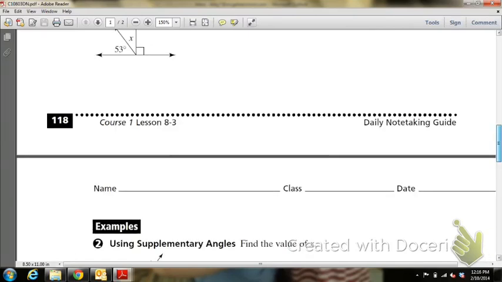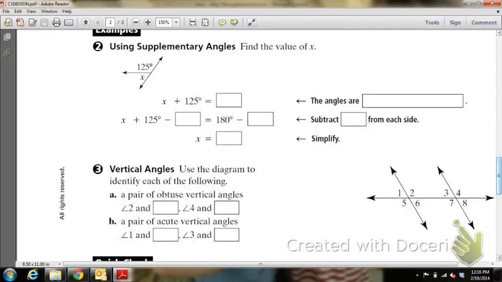Okay, so now, using supplementary angles, find the value of x. Well, I know that they're supplementary because these two angles make a straight line, and a straight line is 180 degrees. So I know that they add up to 180 because they're supplementary.